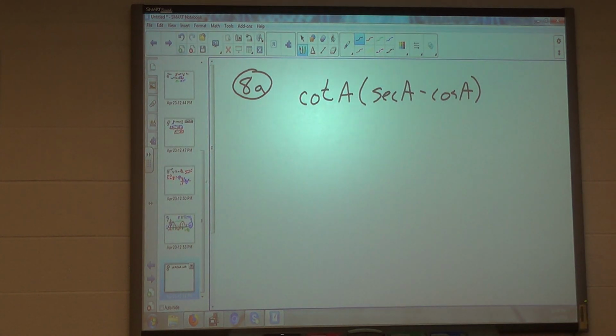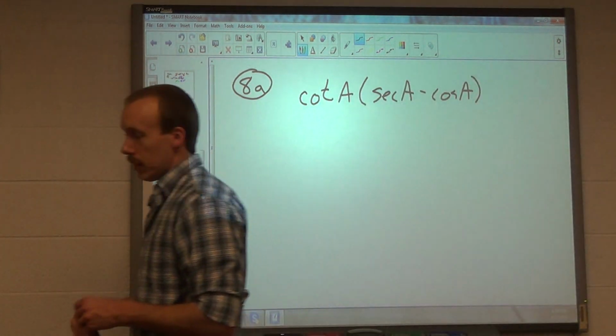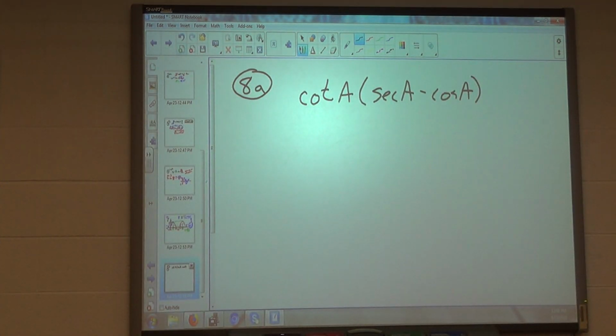There'll be a couple problems for simplifying on this test. Looking at the test, there are 10 questions. One question, I'll come back to at the end. There are 3 of these simplifying problems, and then 3 of the last section that we did.